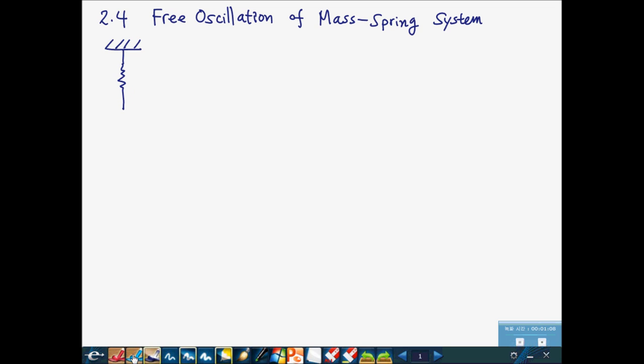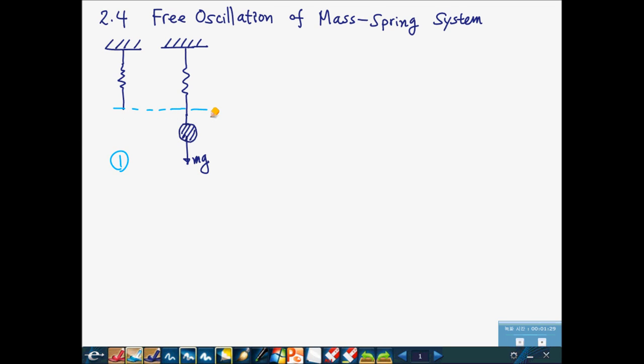Okay? We have state 1. And we have another state, which is, we hang a mass, okay? Then it will stretch down a little bit.